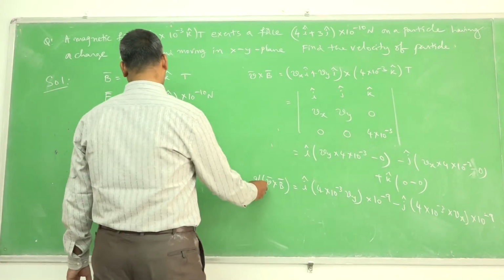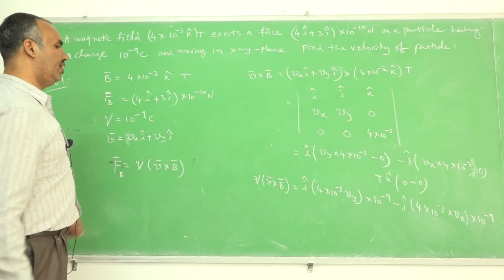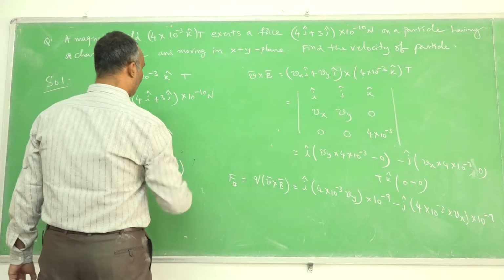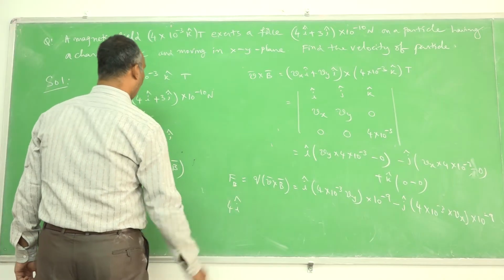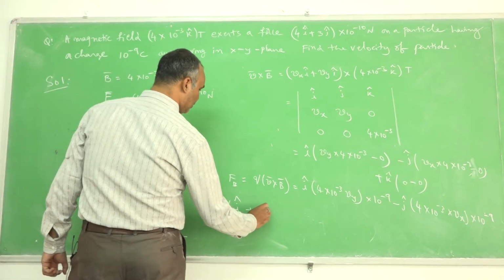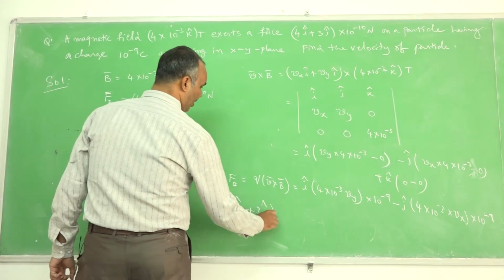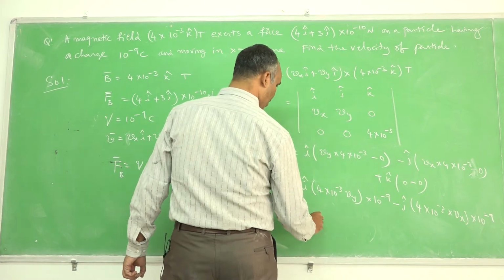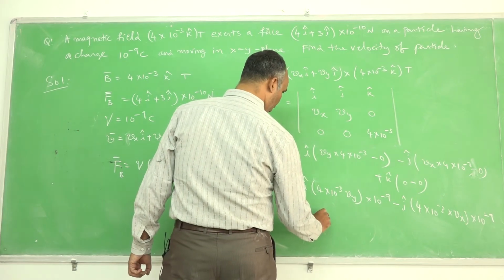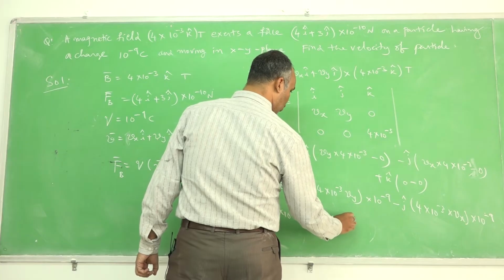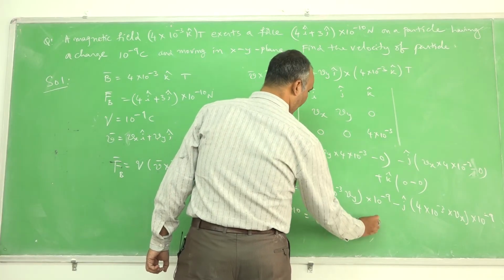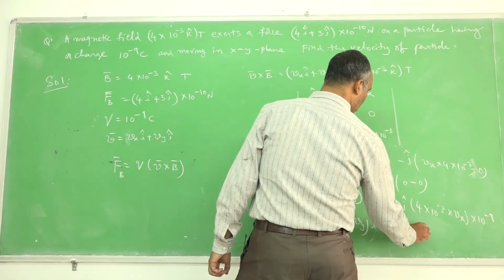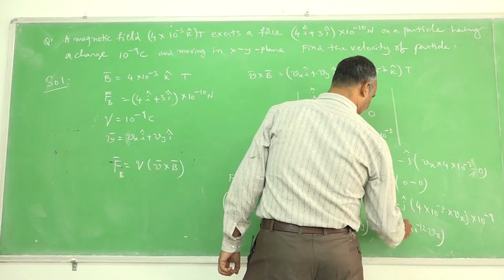This is nothing but force due to magnetic field. As per the problem, 4 i plus 3 j into 10 power minus 10 should be equal to 4 into 10 power minus 12 Vy i cap minus 4 into 10 power minus 12 Vx j cap.